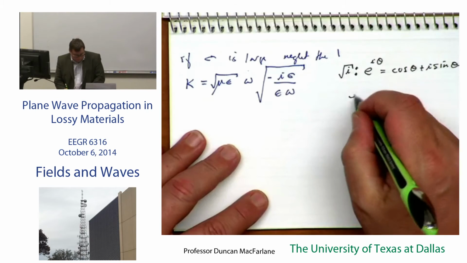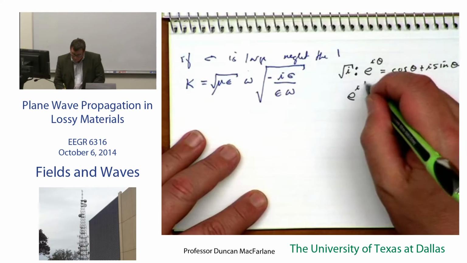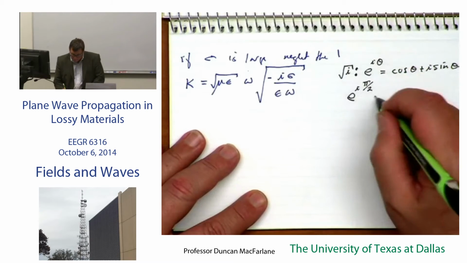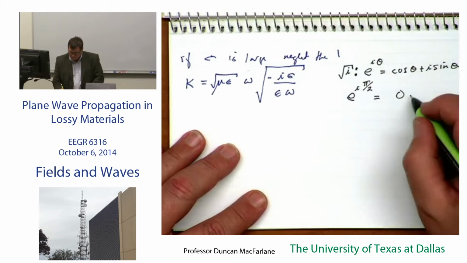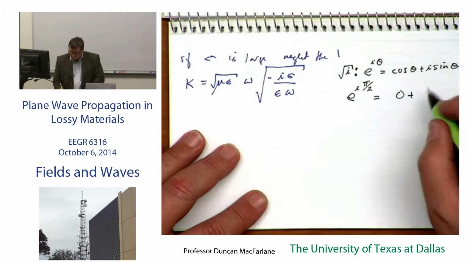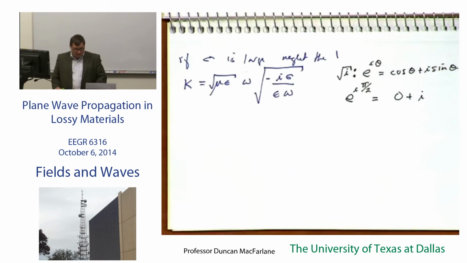If I do e to the i pi over 2, cosine of 90 degrees is 0, sine of 90 degrees is 1, so I can write i as a complex exponential.